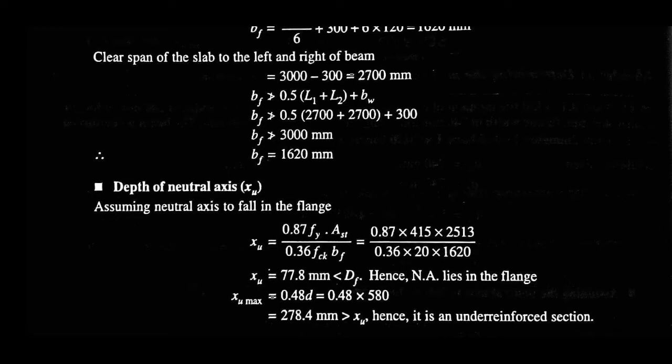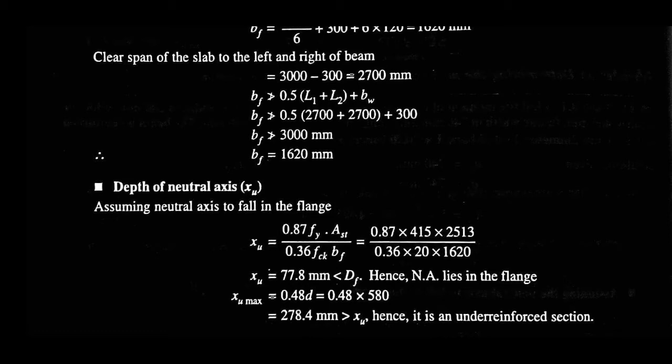So from this equation, Xu is equals to 77.8 mm, which is less than Df because the Df is 120 mm. So our assumption is right and neutral axis lies in flange.